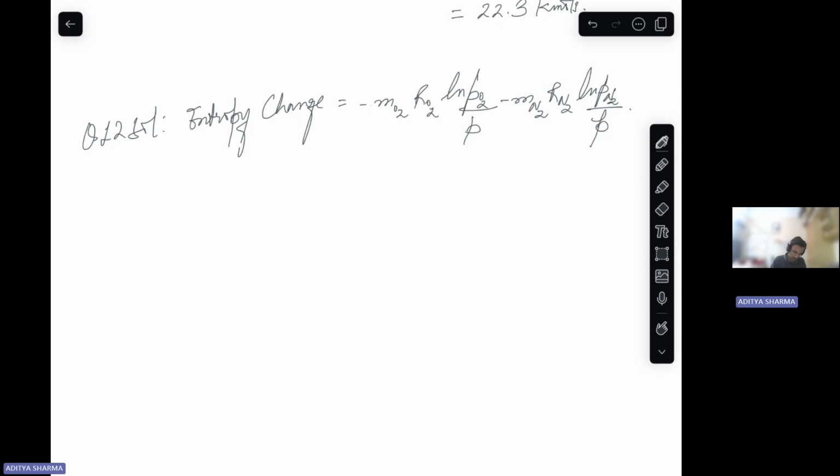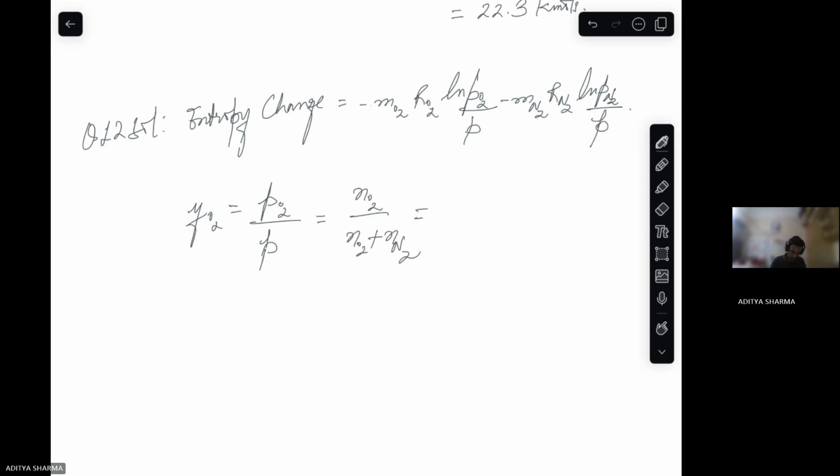So we know that your mole fraction is equal to this, right? So this is basically n of O2 by n of O2 plus n of N2. So this can be written as this.